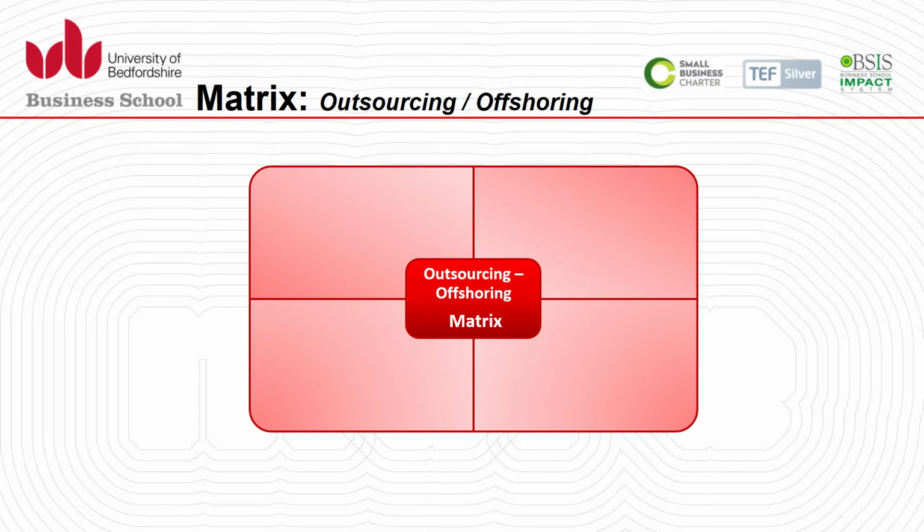So outsourcing refers to an organization contracting work out to a third party, while offshoring refers to getting work done in a different country, usually to leverage cost advantage. However, it is possible to outsource work but not offshore it.